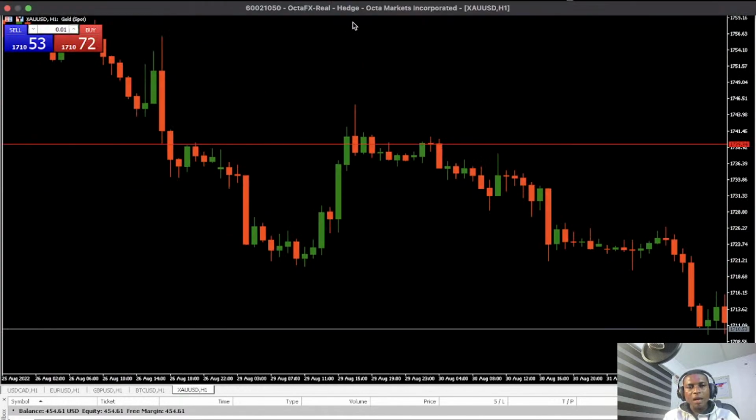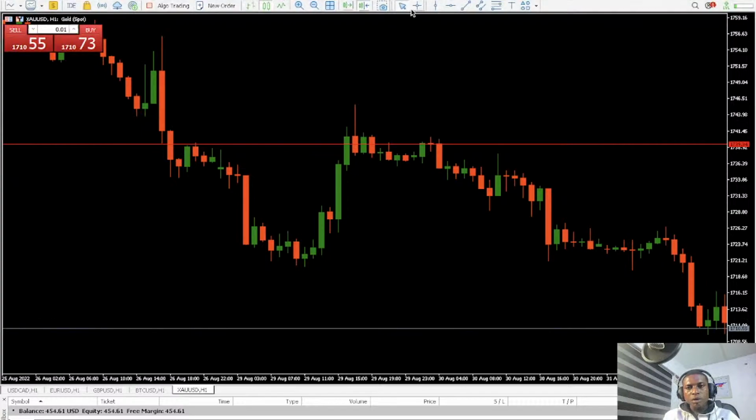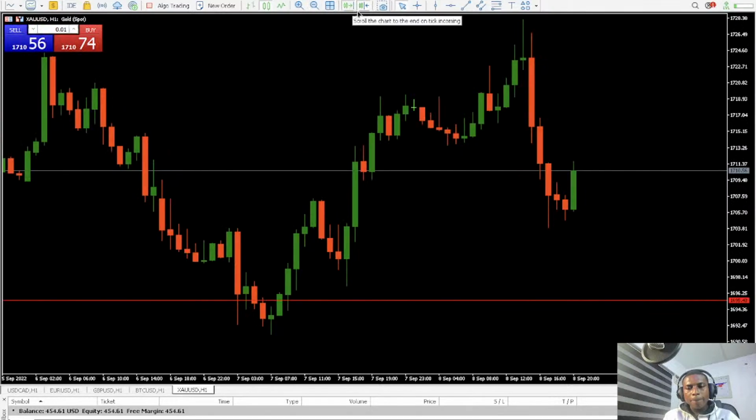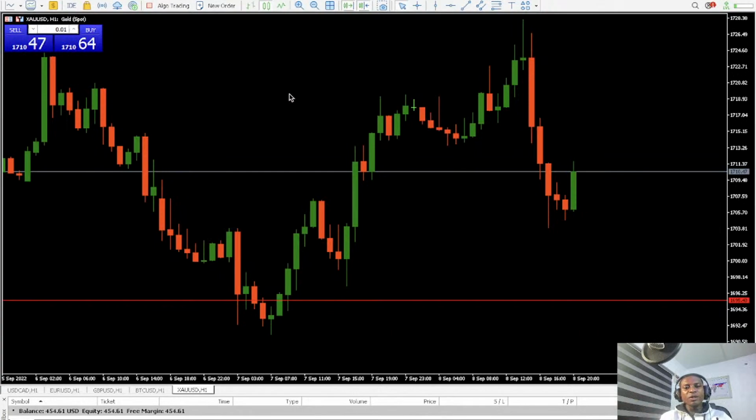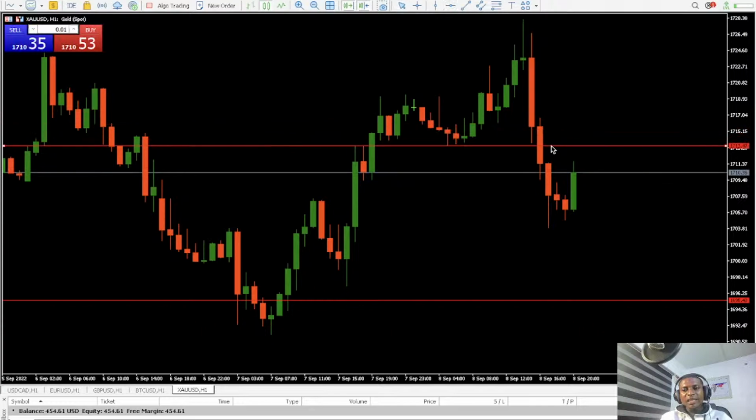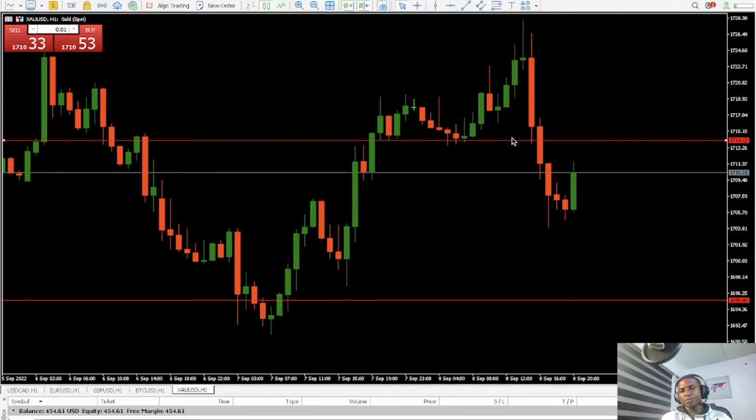Let's look at the 1 hour time frame for more clarity. Awesome. You can see this level is a support level on the 1 hour time frame.